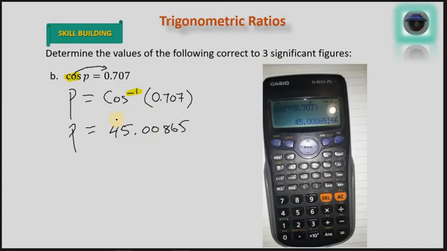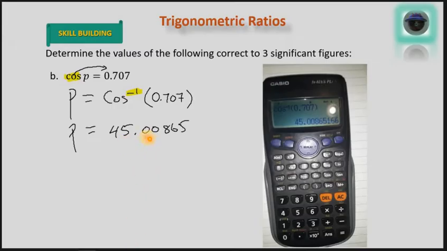The 4 is our first significant figure, the 5 here is our second, and the 0 comes after the decimal point following a significant figure. In other words, we had significant figures before the point, so the 0 right after will be significant.